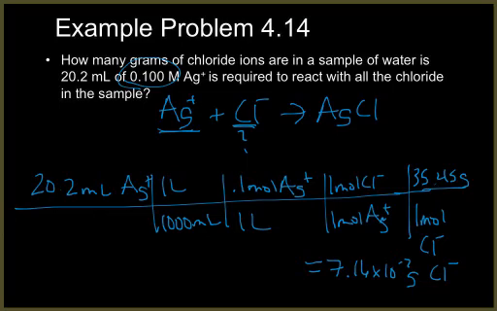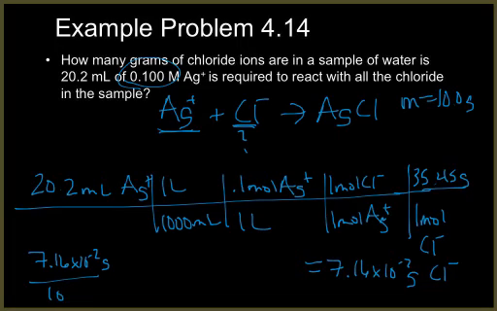Now this particular one, we could also calculate percent, just like you did in the hydrogen peroxide lab. So if I know that the mass is 10 grams, so that would have to be given to you, but let's say the mass of the sample was 10 grams, then we could figure out what percent chloride ions it contained. So we would take our 7.16 times 10 to the negative 2 grams divided by 10 grams, and then multiply by 100 to get our percent.